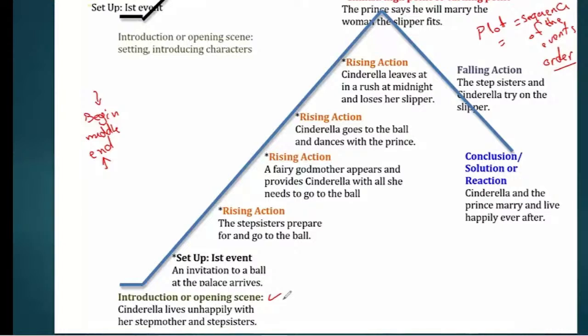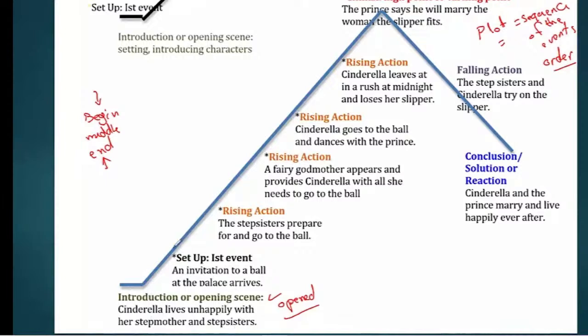Let's read it together and identify how the events are in logical order. Number one, Cinderella lives unhappily with her stepmother and stepsisters. This is the beginning. So the story opened with this introduction, in which Cinderella lives unhappily.